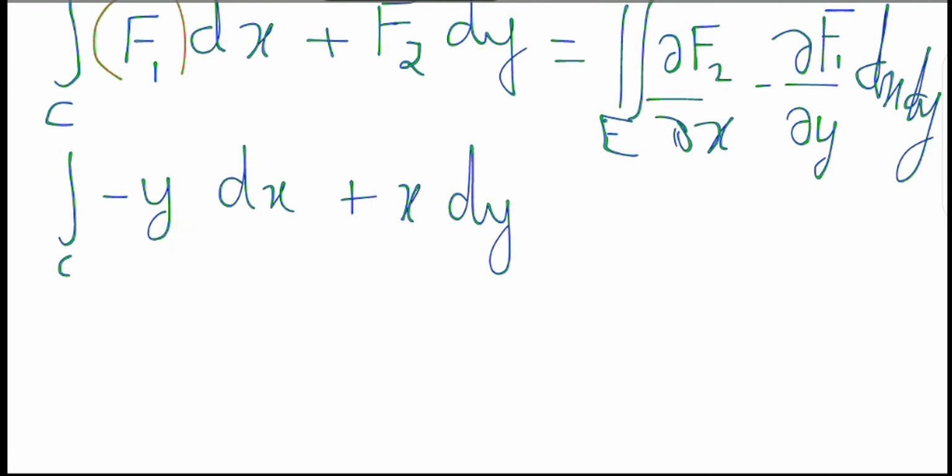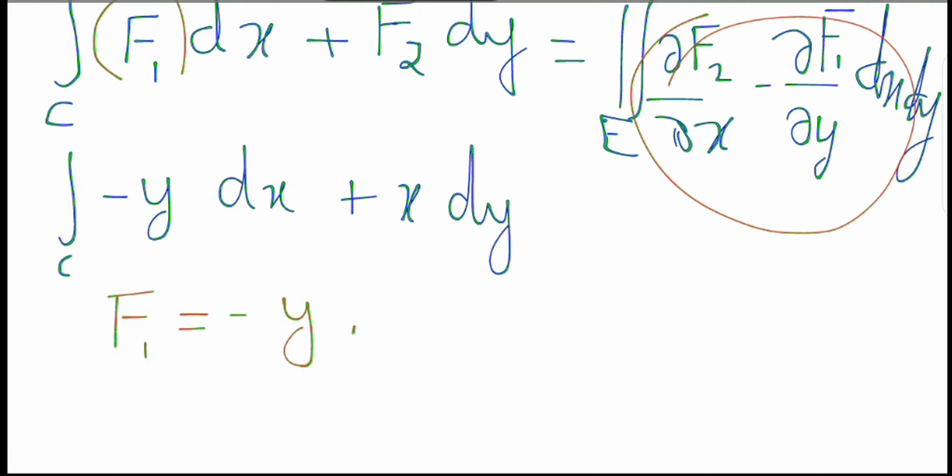The right hand side will be the double integral of del f2 del x minus del f1 del y, dx dy. So let's compute del f2 del x minus del f1 del y. We have f1 equal to minus y and f2 equal to x.